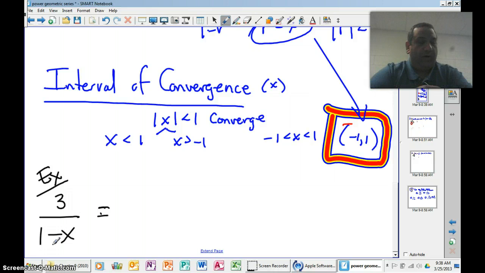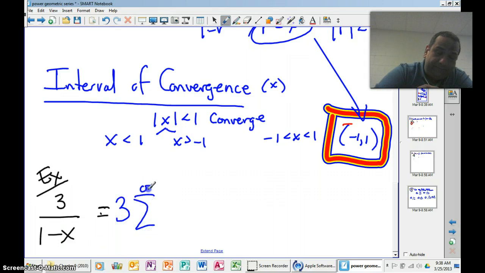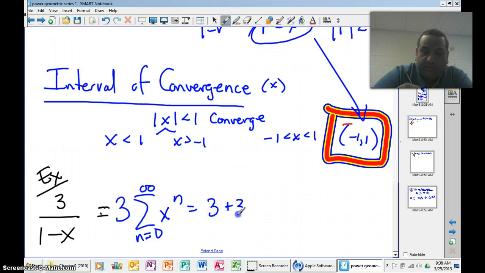Here's another example. 3 over 1 minus x. Well, now that we know what 1 over 1 minus x is, this is just 3 times what we had for 1 over 1 minus x. And that turns out to be 3 plus 3x plus 3x squared, and so on.